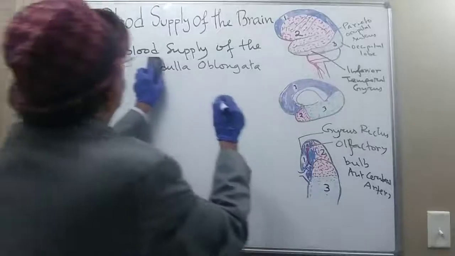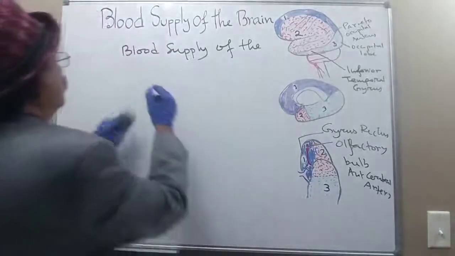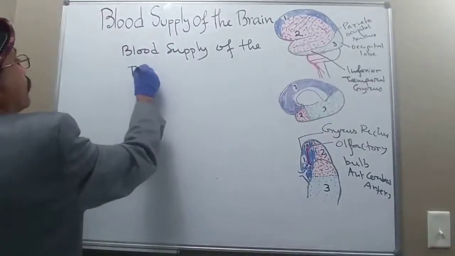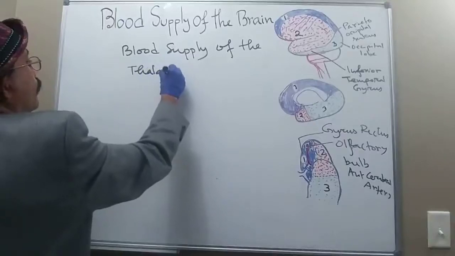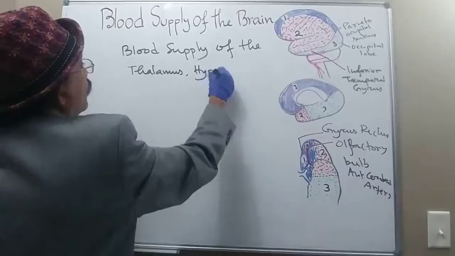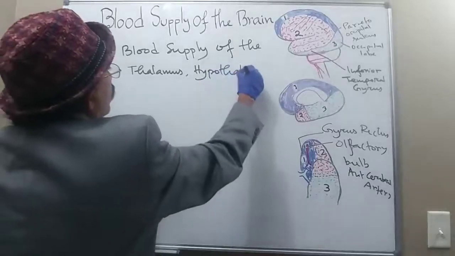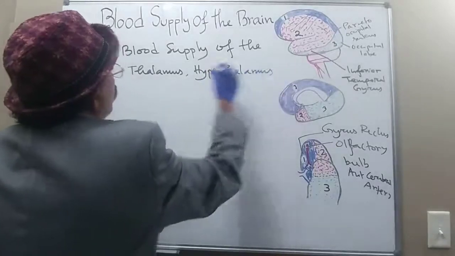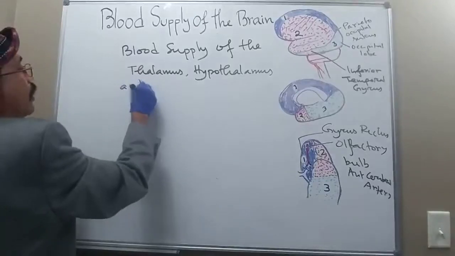Okay, blood supply of the thalamus, hypothalamus, and basal ganglia.